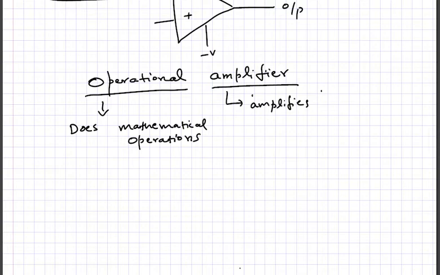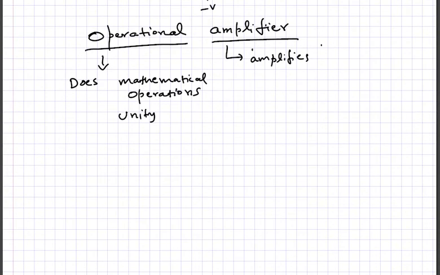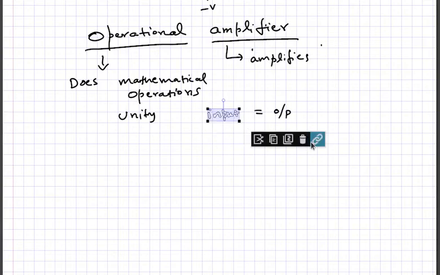You might know that keeping it as it is, unity. Let us begin with the simplest. It does the unity operation. That means that input is equal to output. I will write it in the short form.